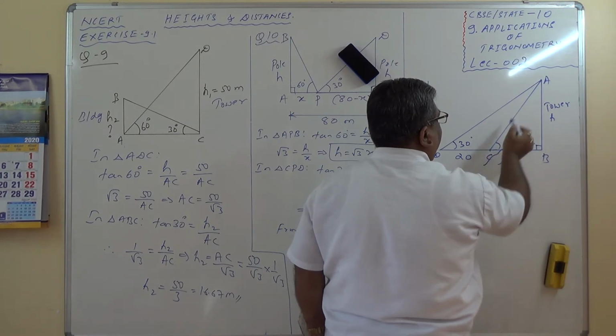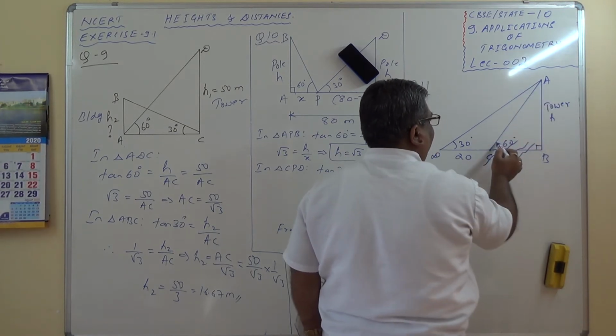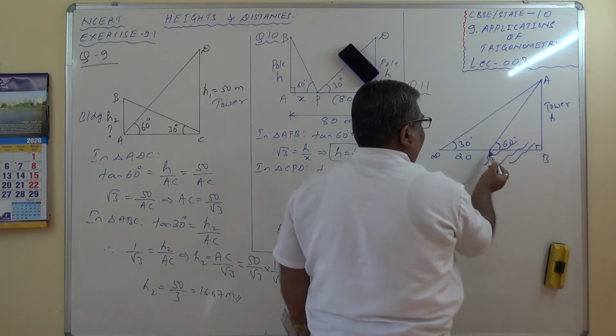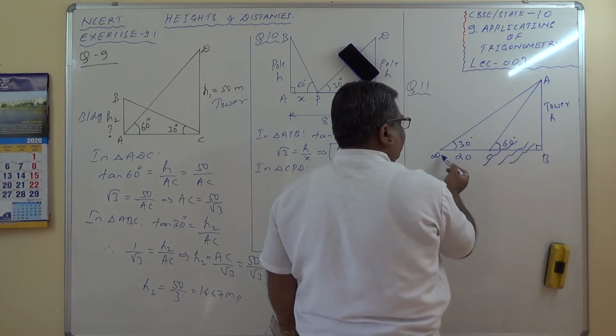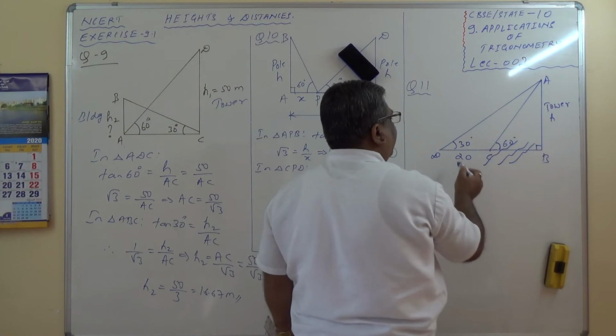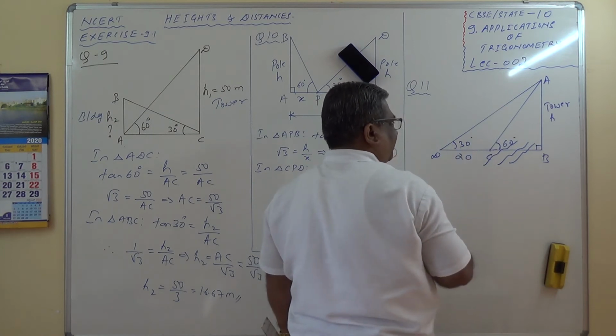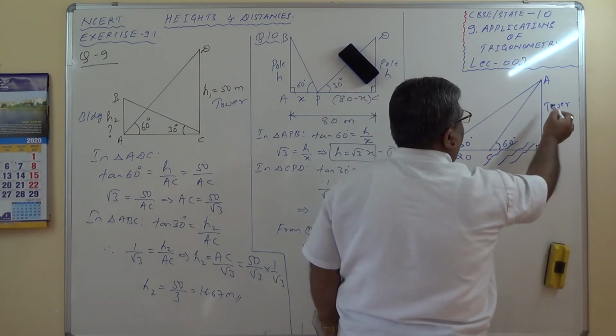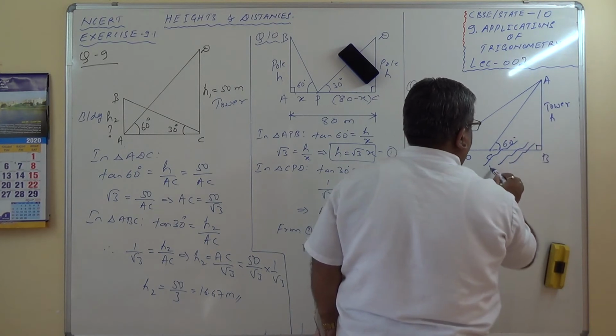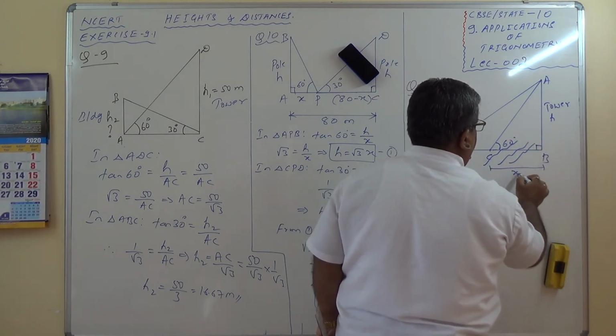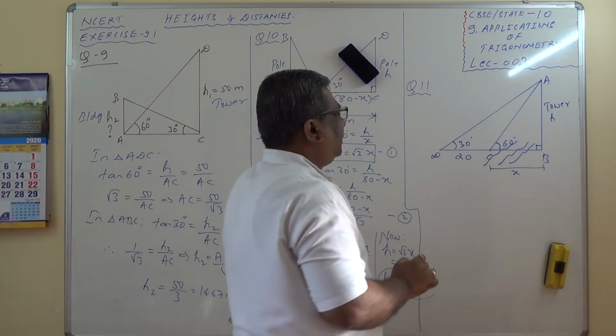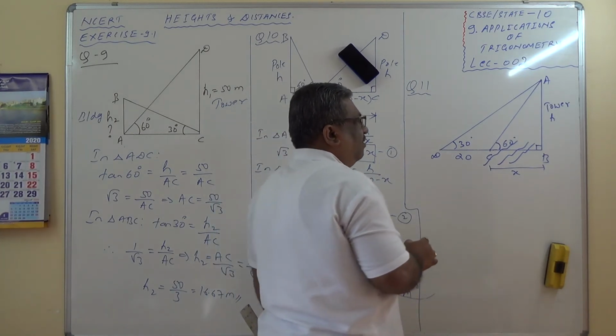If you observe the top of the tower, the angle of elevation is 60 degrees. 20 meter away from this point, if you observe the top of the tower again, the angle of elevation is 30 degrees. We need to find the height of the tower, and let x be the width of the canal. These are the two things we need to find out.